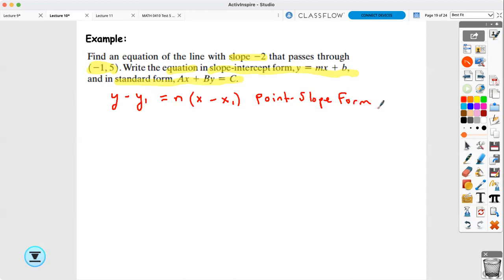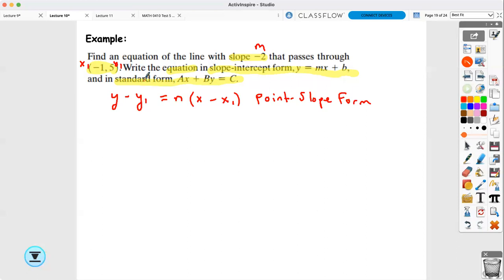Okay. Let's look at what they give us. Slope is -2. What letter is slope? That is m. Okay, good. Now it goes through a point, -1, 5. What letters is that going to be? It's going to be x1 and y1.